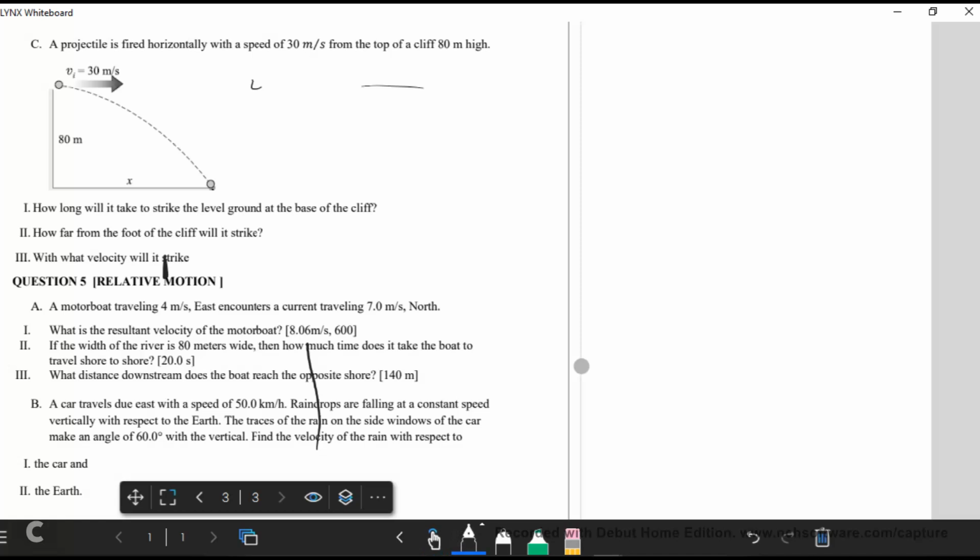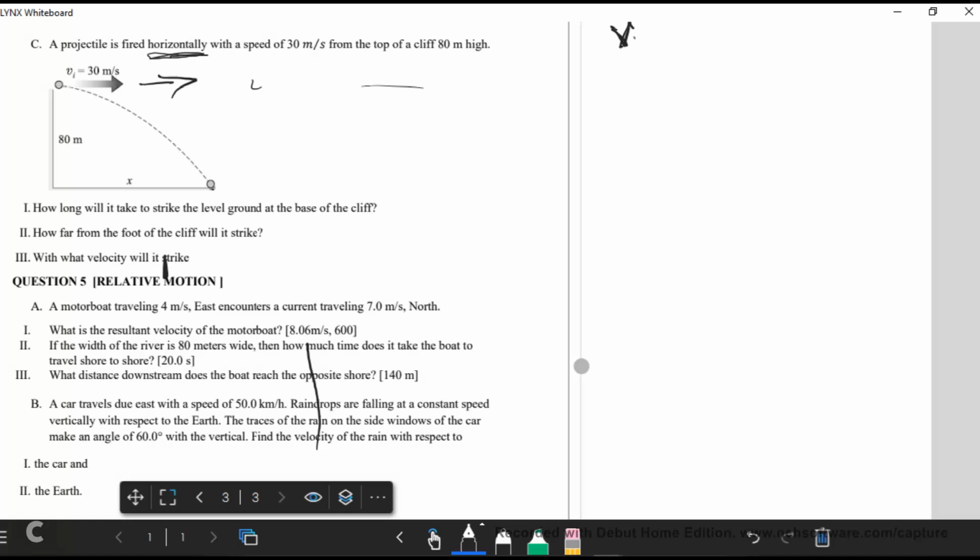In question 4C, they are saying that the projectile is fired horizontally. If it's fired horizontally like that, it was going in the x-axis. That's why I'm saying horizontally. It was moving in the what?